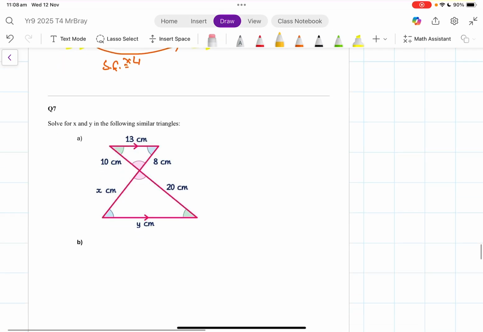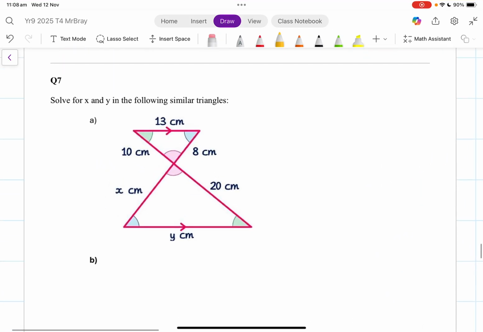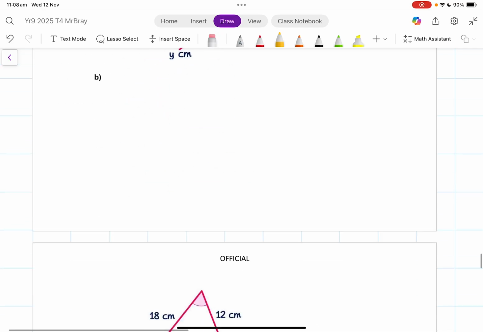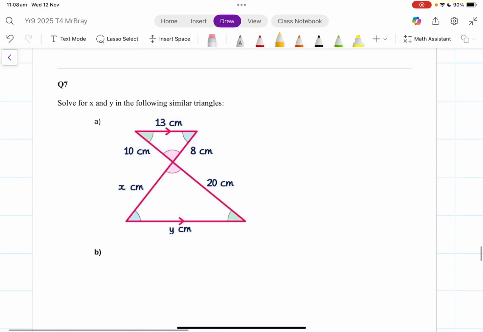Okay. Question 7, we need to solve for X and Y in the following similar triangles. This looks very tricky. We are going to redraw these triangles. So let's take this top triangle here and redraw that so that it looks like this.